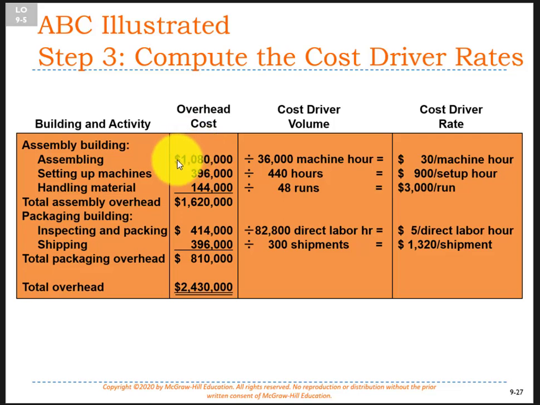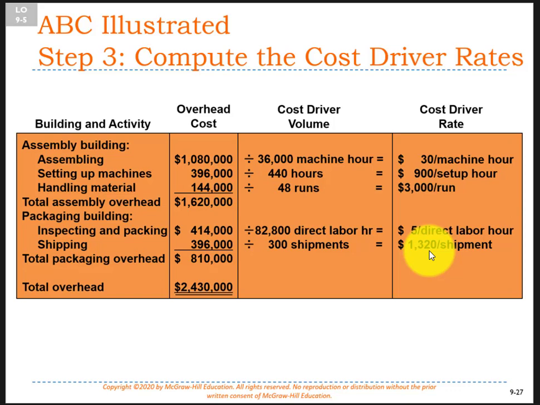Here we've broken down this same total overhead as we were using earlier, but now we've broken it into 5 smaller piles. The assembly pile, we divide it by the cost driver volume, 6,000 machine hours. We get a cost per machine hour of $30. $900 per setup hour, $3,000 per production run, $5 per direct labor hour, and $1,320 per shipment.